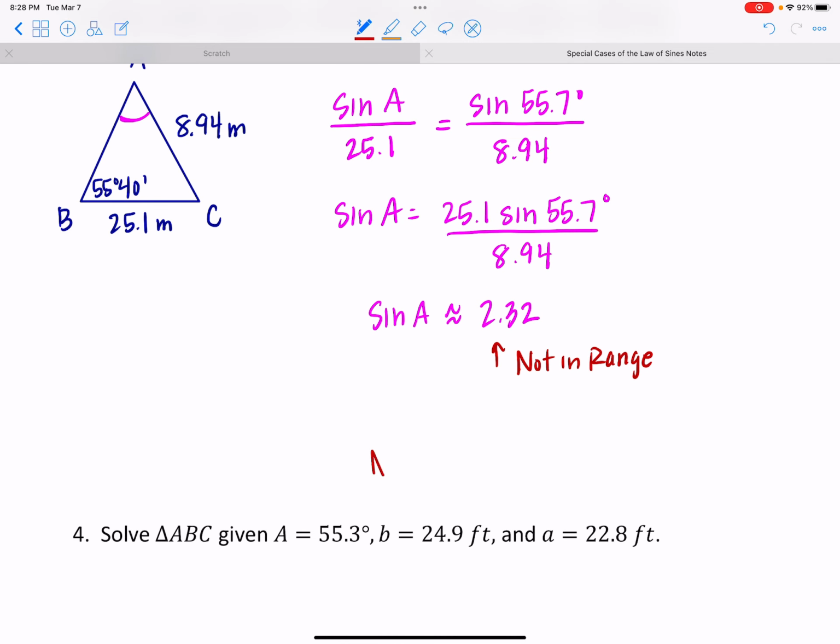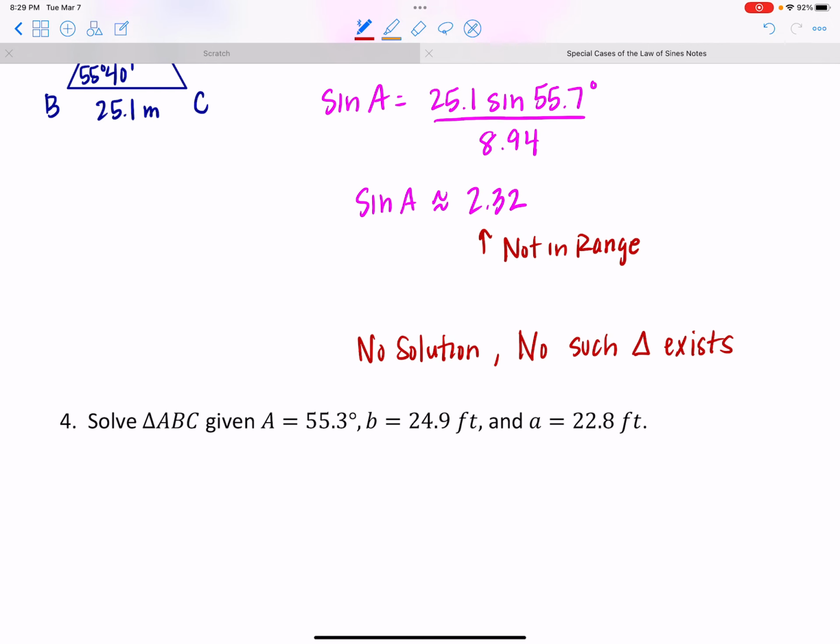So we will say this is a no solution case, or that no such triangle exists, impossible to make a triangle with those measurements, however you want to say it. Okay, no such triangle. Sometimes instead of writing the word triangle, I'll just draw a little triangle there. If you want to shortcut like that, that would be fine.